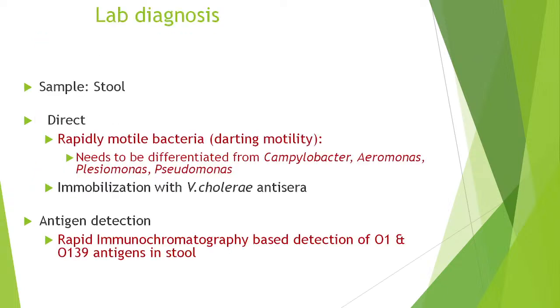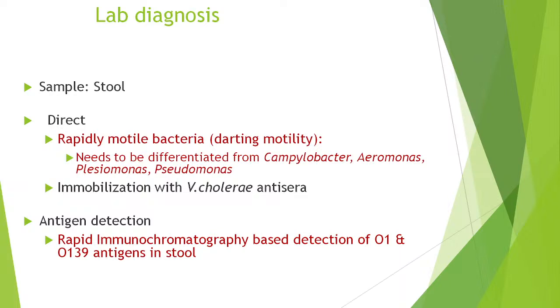Coming to the lab diagnosis algorithm. In diarrheal cases it is very simple: what you have to take is the stool sample. The stool sample has to be collected, and you can examine it directly, where you can see the rapid, darting motility. Which other bacteria need to be differentiated from it?